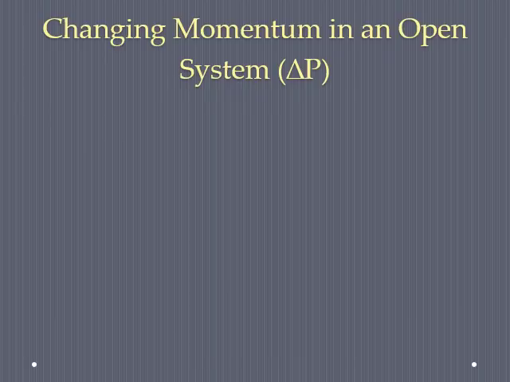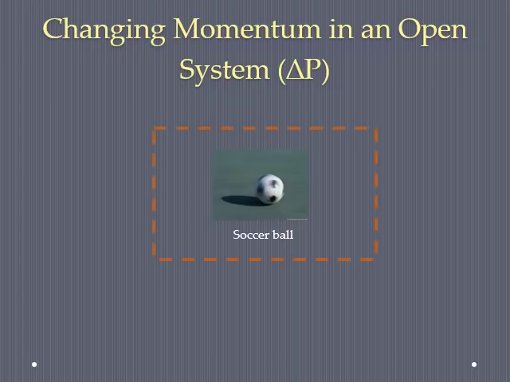We could also use conservation of momentum to talk about what happens in an open system as far as momentum goes. For example, an open system containing a soccer ball might make more sense to talk about as open because there are lots of different forces and factors that affect the velocity of that ball. It's going to be changing momentum pretty rapidly. Whatever the soccer ball does when it starts, things can change it.